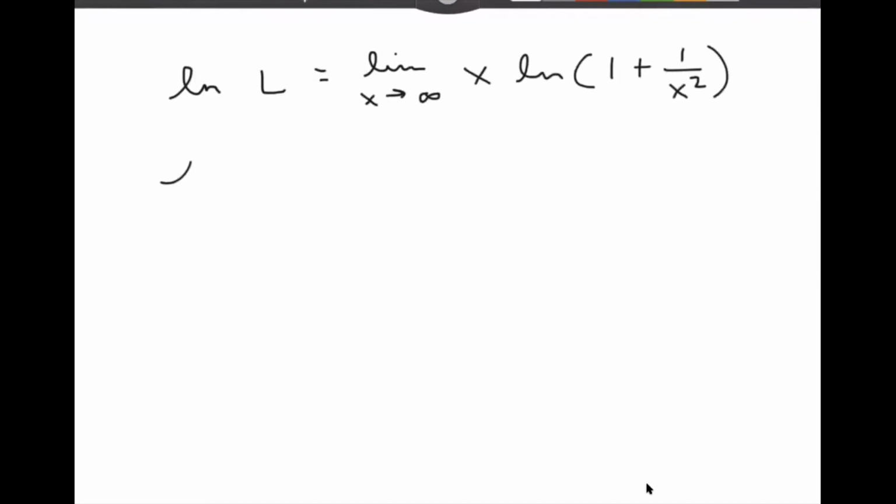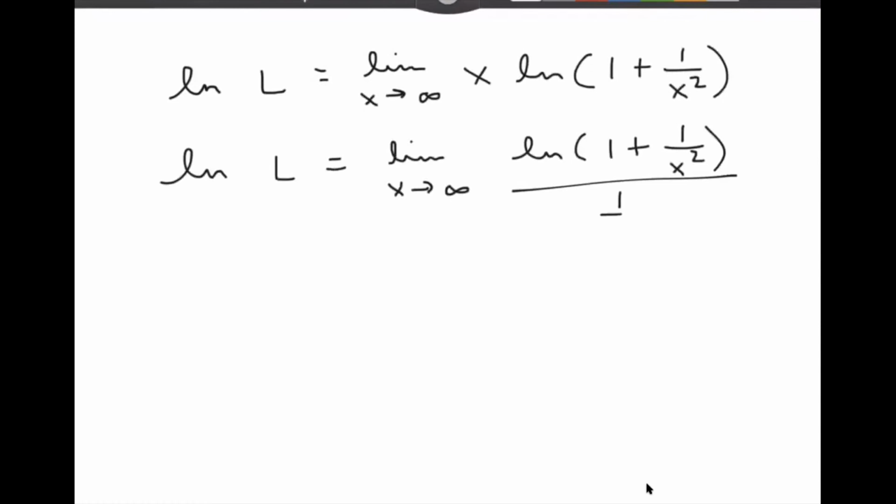Okay, so I think what we want to do here is rewrite this as natural log of 1 plus 1 over x squared, over 1 over x. So instead of multiplying by x, we're dividing by 1 over x. And now this thing has the form 0 over 0. So now finally we can use L'Hopital's rule.